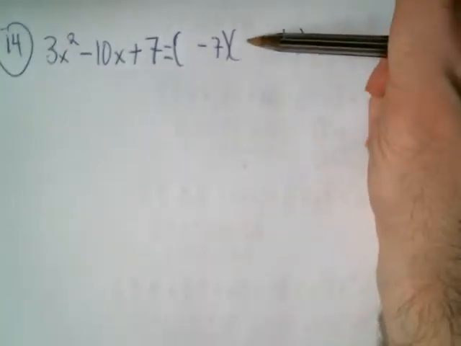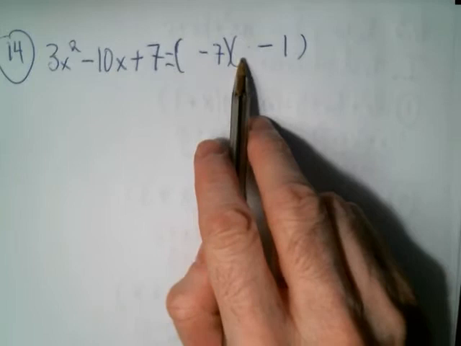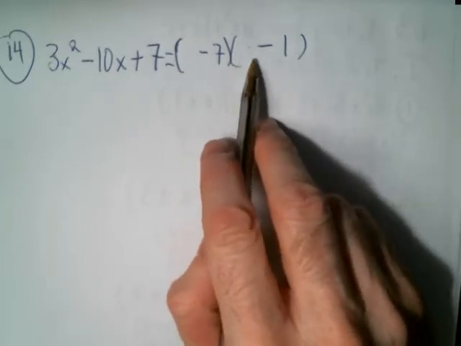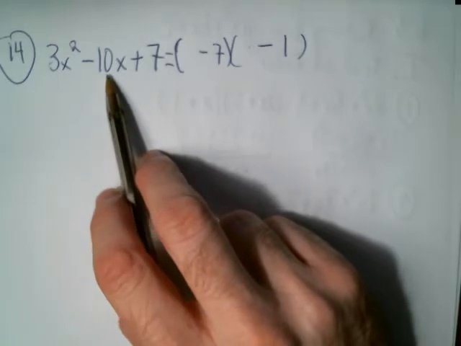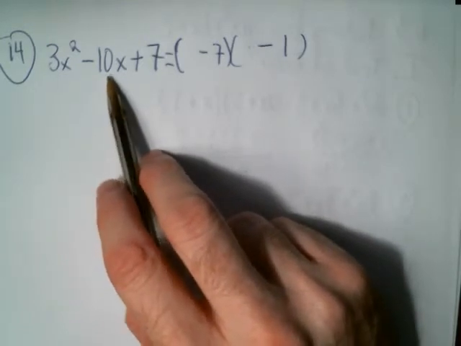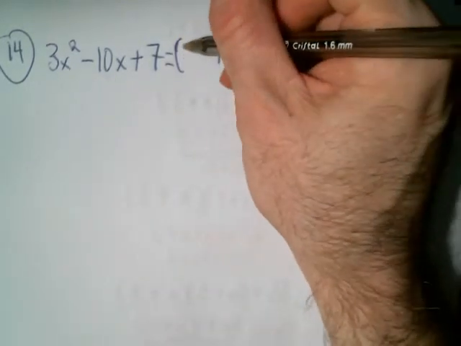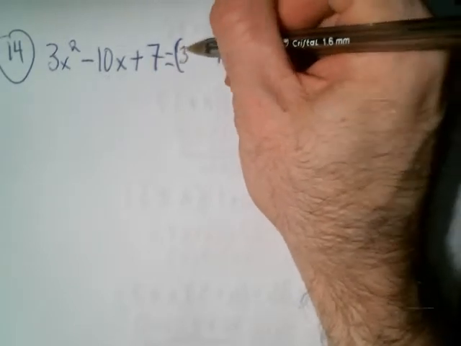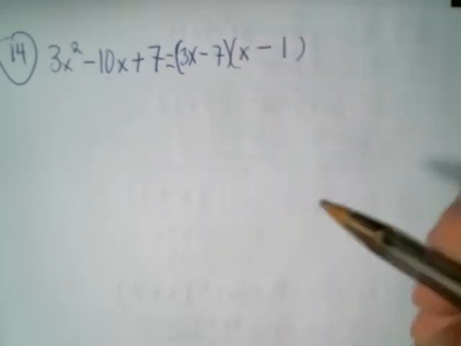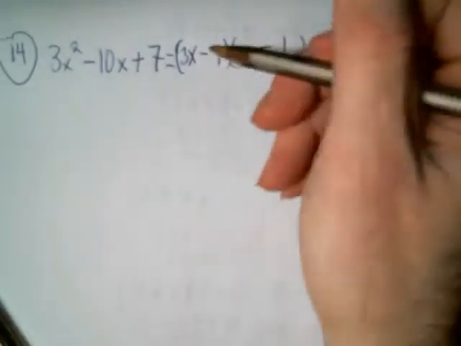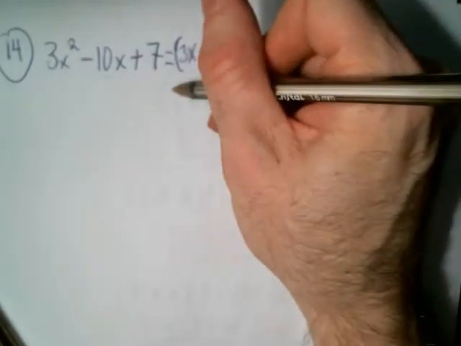If we put the 3x here in this position, the inner terms when we multiply them together are going to be 21. So it's so far away from 10, it's almost useless. So I suspect the correct factorization will be 3x minus 7 and then x minus 1. Let's FOIL that and see if it worked.